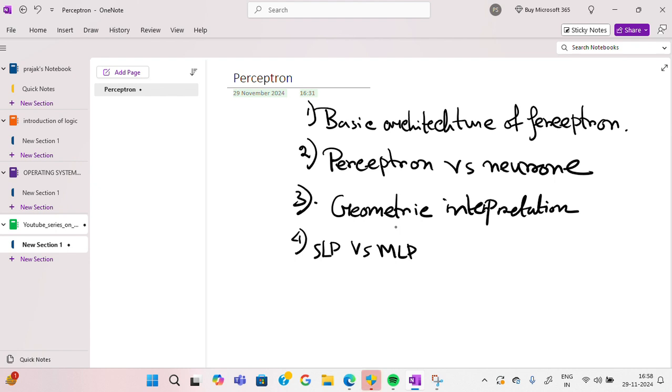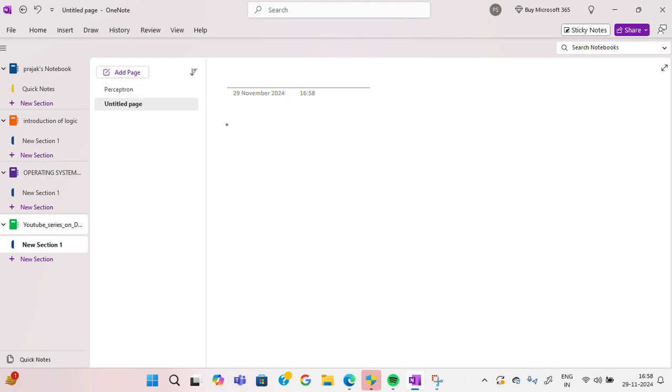So let's come to the point, architecture of perceptron. What actually is a perceptron?